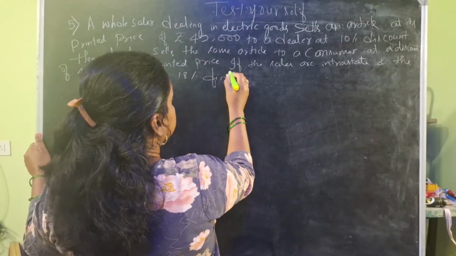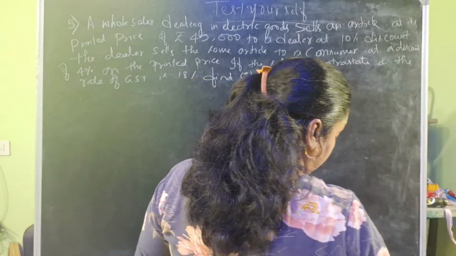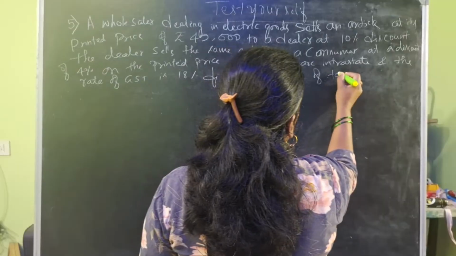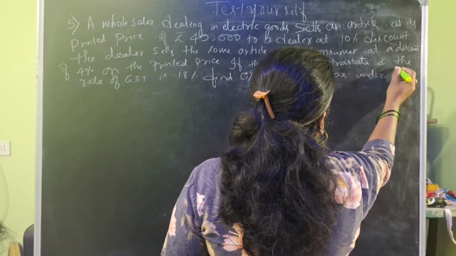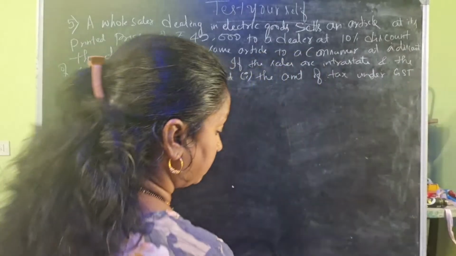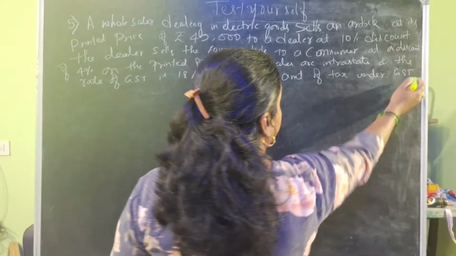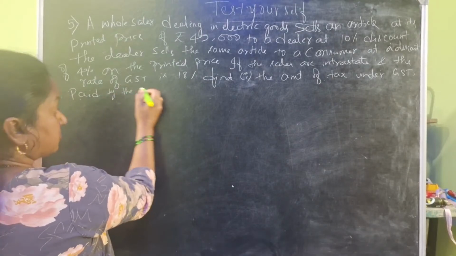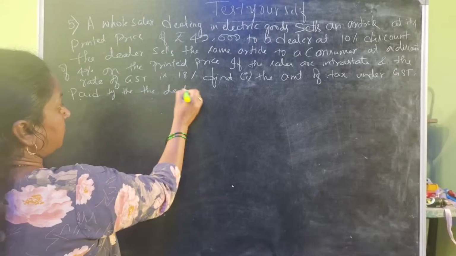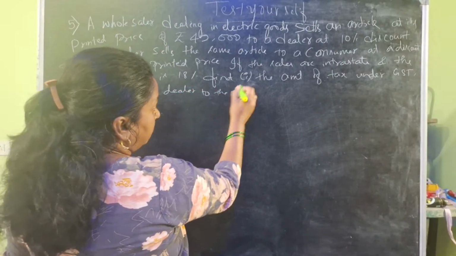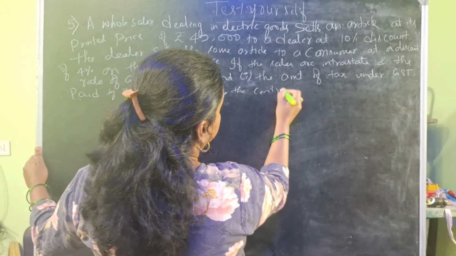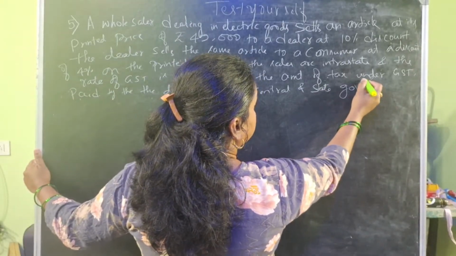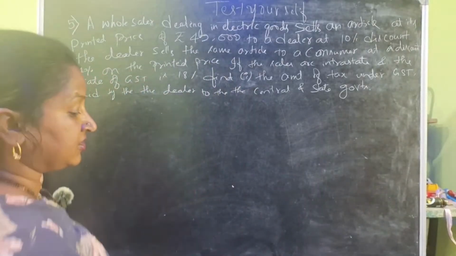First question, the amount of tax under GST paid by the dealer to the central and state governments, that means CGST and SGST.